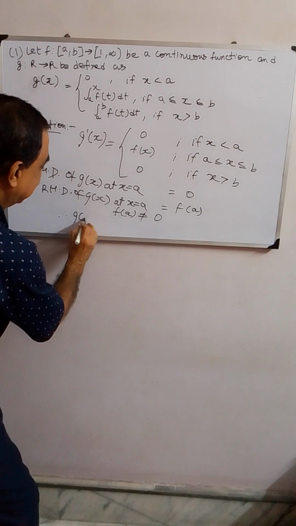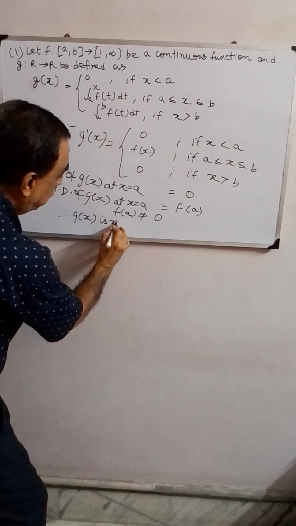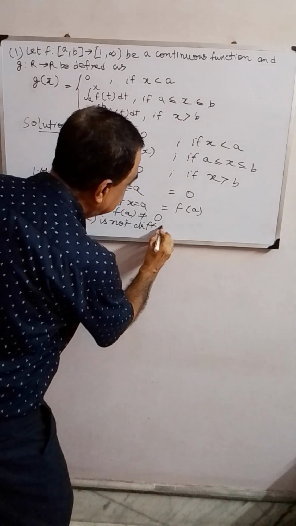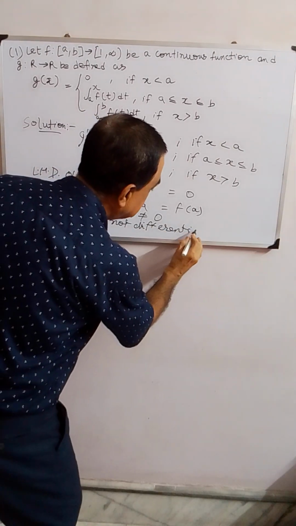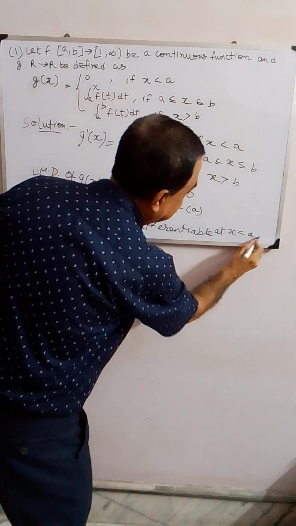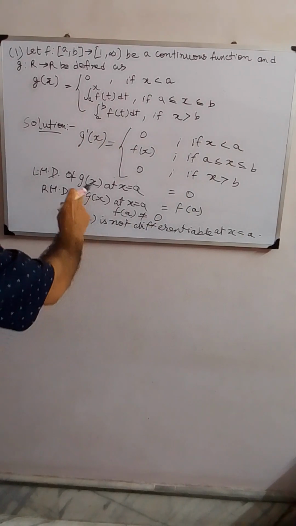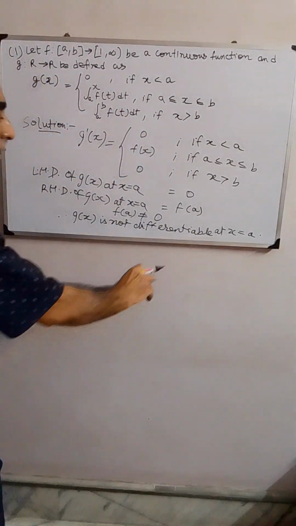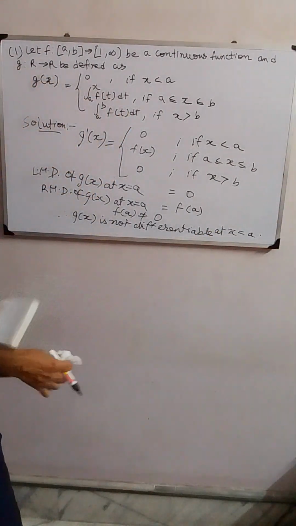Therefore g(x) is not differentiable at x equals a. So g(x) is continuous at x equals a, we have already shown it, but it is not differentiable at x equals a.